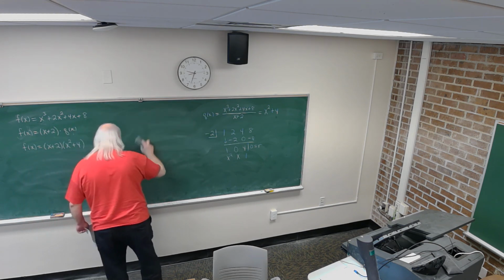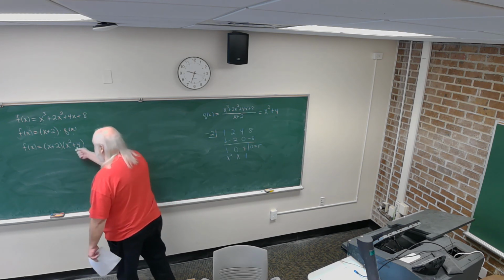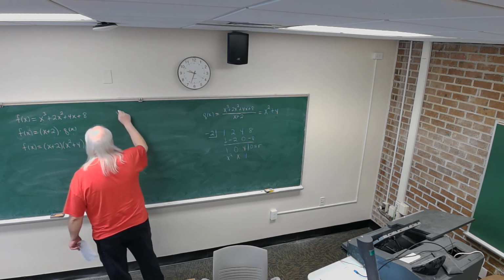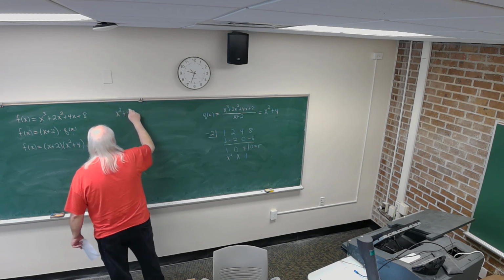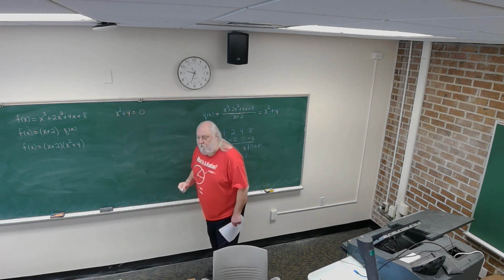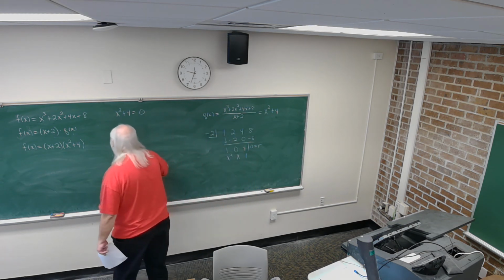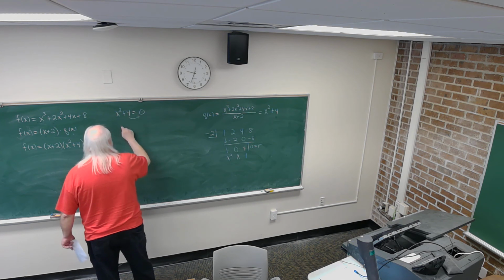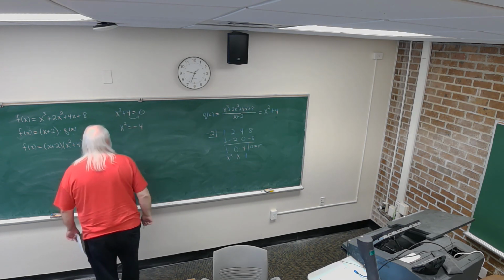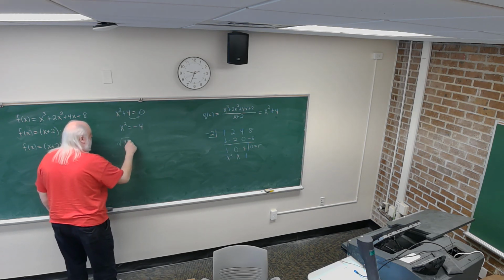Now, since there's no x term, no middle term in our quadratic, that makes it easy to solve for x. To get the last two zeros, we set x squared plus 4 equal to 0 and solve for x. And we can use the square root method. Subtract 4 from both sides. We get x squared is equal to minus 4. And then we take the square root of both sides.